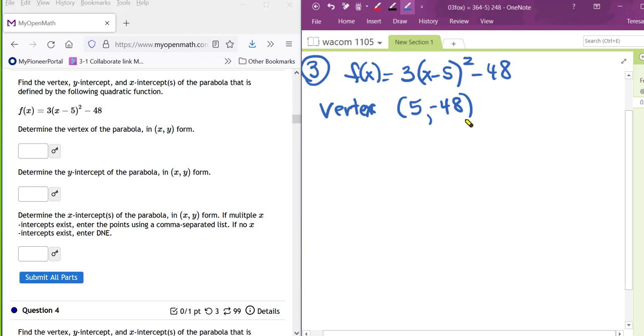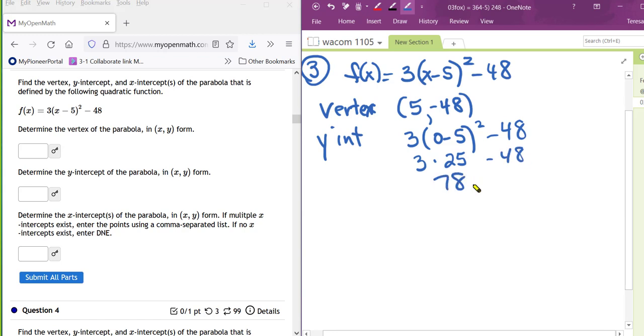The y-intercept is also pretty easy to do because for y-intercept you plug 0 into x. So that would be 3 times 0 minus 5 squared minus 48. So negative 5 squared is 25 times 3, so it's getting pretty big.